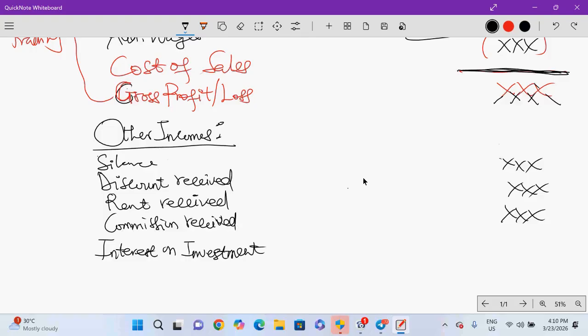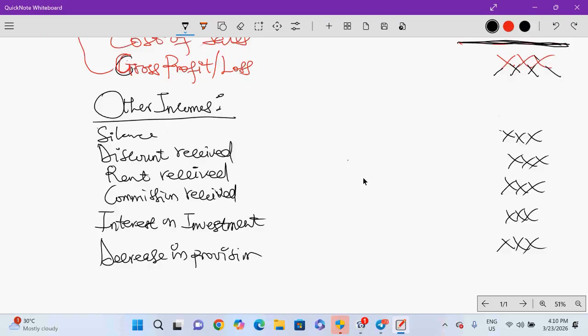What else? And many more, right? So decrease in provision will also be an income, all right.